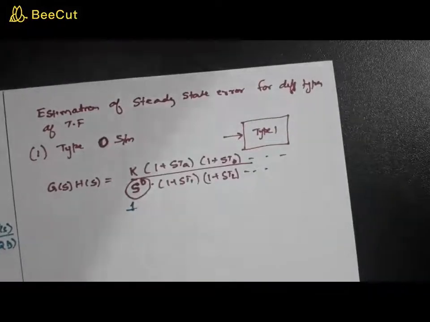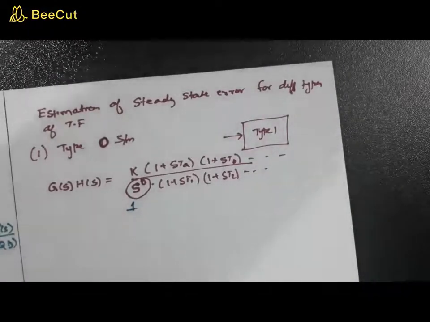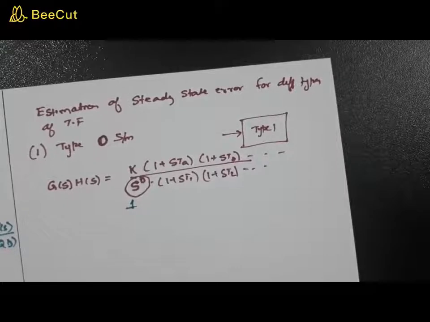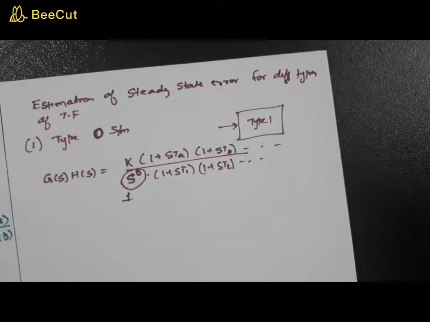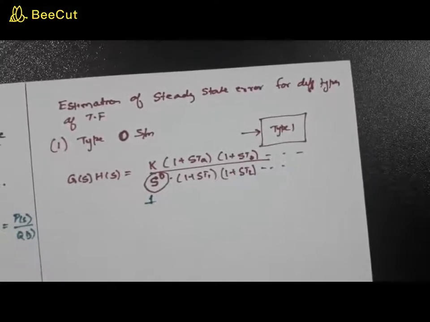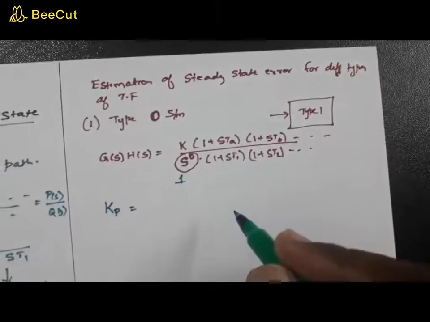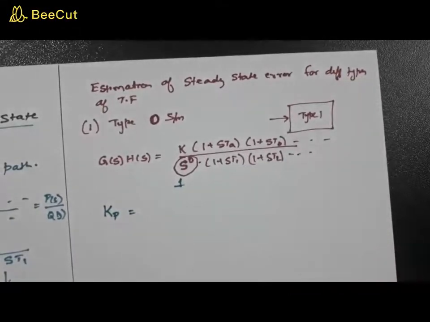Now for this type 0 system, what will be your steady state error? How will you define this steady state error? We know that Kp, in the last class we have studied Kp, so if you have doubts you may refer to that.